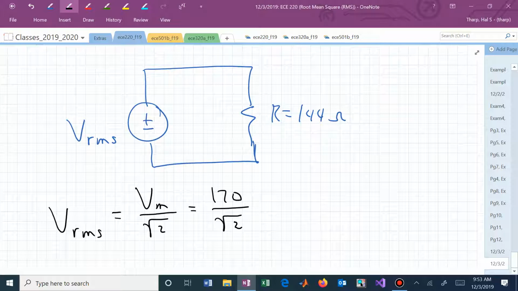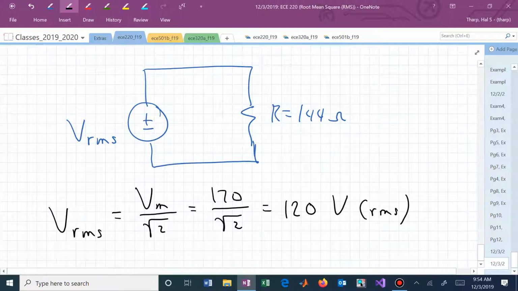It's now a maximum of 170, so we're going between plus 170 and minus 170, but everything you see is labeled as 120. So that's actually the result of that division of 170 by the square root of 2. That's where this 120 volts comes from.